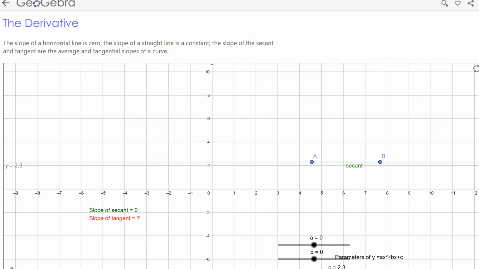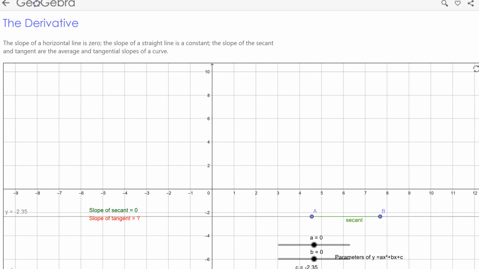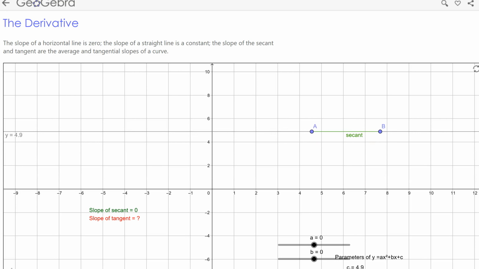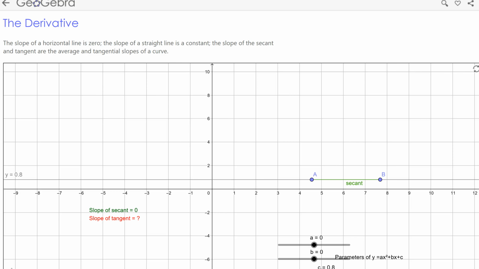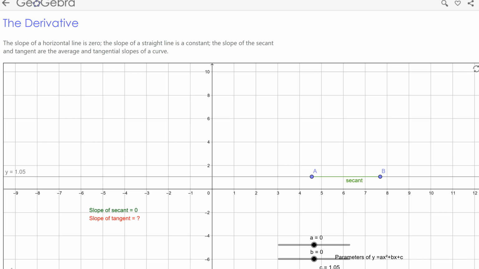Now we'll just recap what we've already said. If we have the line y equals some constant, so I can change this value of c and my line moves up or down, but it's always horizontal. And in that case, the slope of the line is the same everywhere along it, and its slope is actually 0. Now I'm going to introduce this concept of a secant, which is just a short segment between 2 points on the line or on the curve.